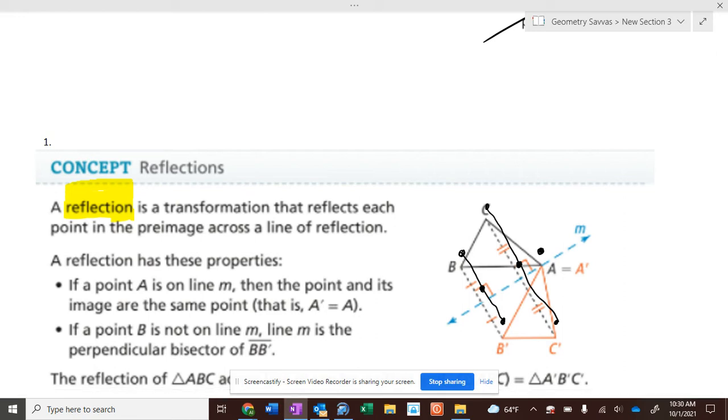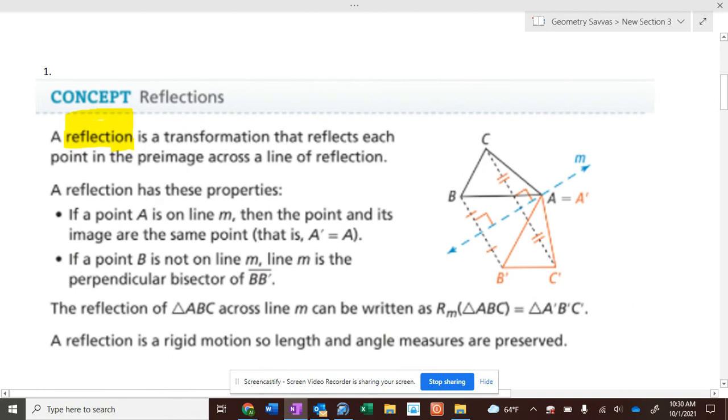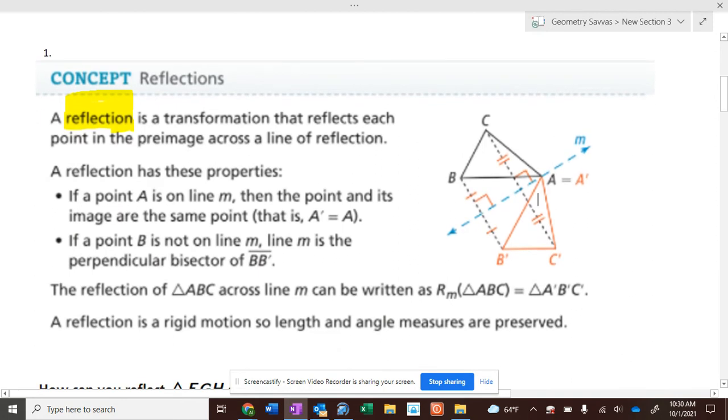A reflection is a transformation that reflects each point in the pre-image across a line of reflection. So I will explain that here in a second. So a reflection is a transformation that reflects each point in the pre-image across the line of reflection.